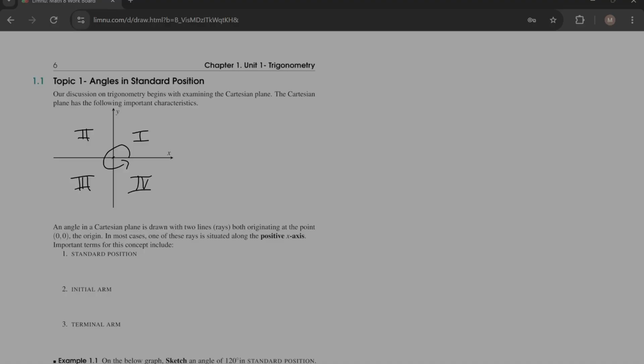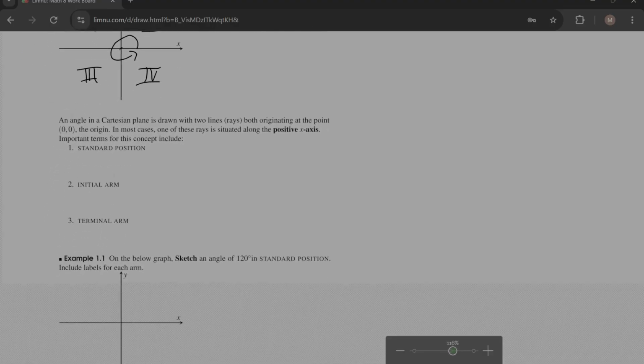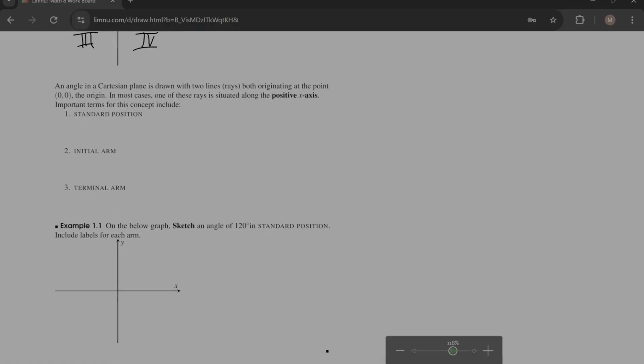So when we talk about an angle on a Cartesian plane, the first thing we're going to do is put angles in standard position. To form an angle on our Cartesian plane, we're going to use two lines or rays, and we're going to call these arms. Between those two arms, we'll form an angle in standard position. The initial arm, the first arm, is always going to start on our positive x-axis.